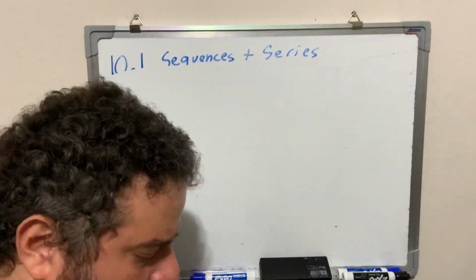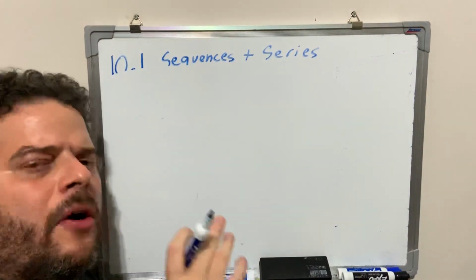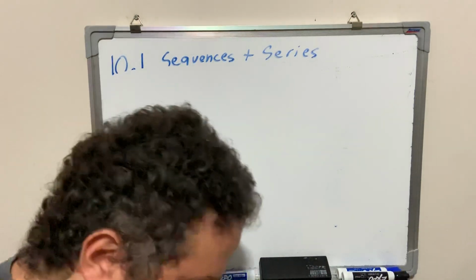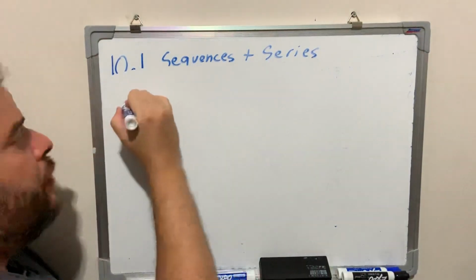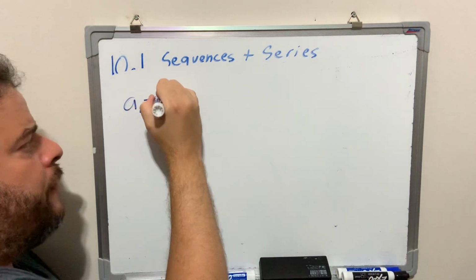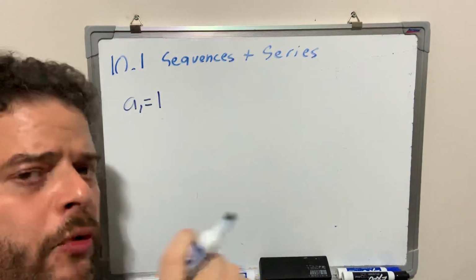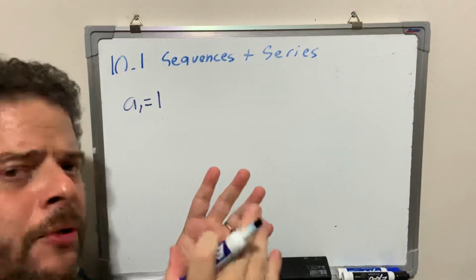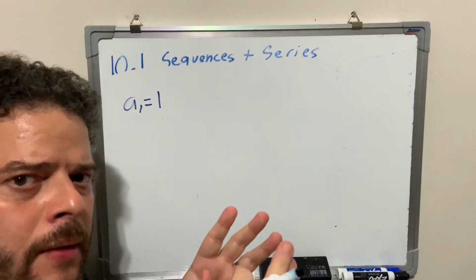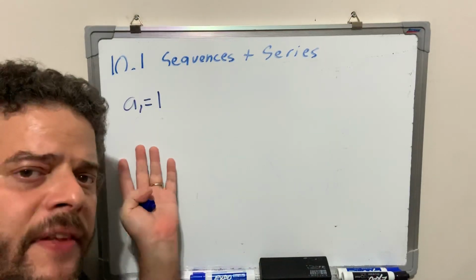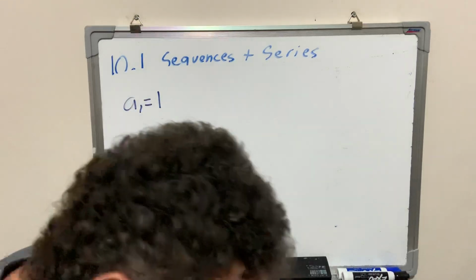So again, let's look at the rules that are given, because again, with recursion, they give you very particular rules. So they say, first of all, that A1, the first term, is 1. And that's incredibly important. That's the first value I'm going to plug into my system. It could be a different number, but in this case, the first term is 1.